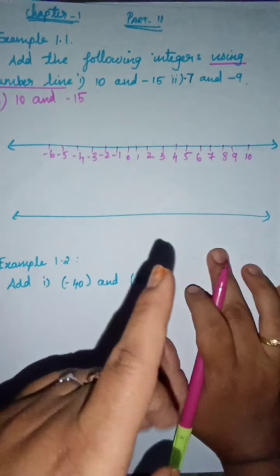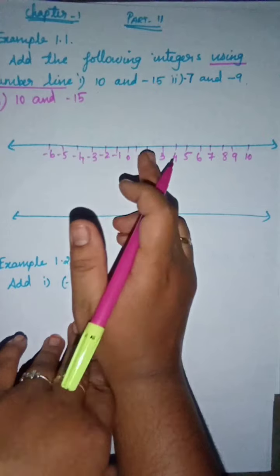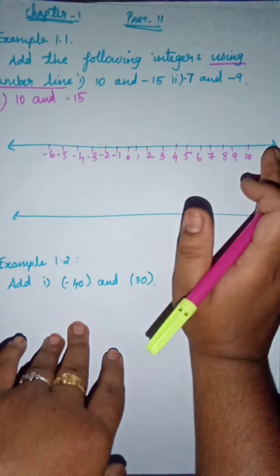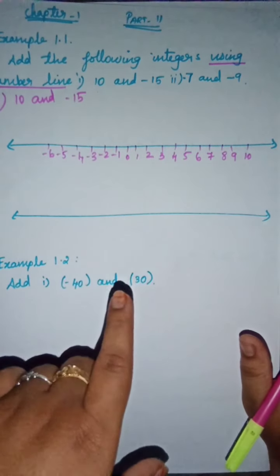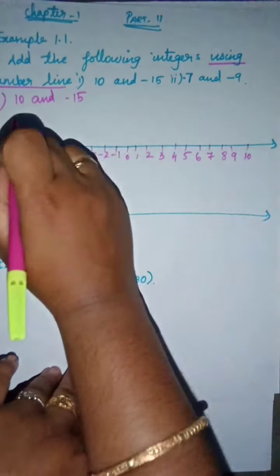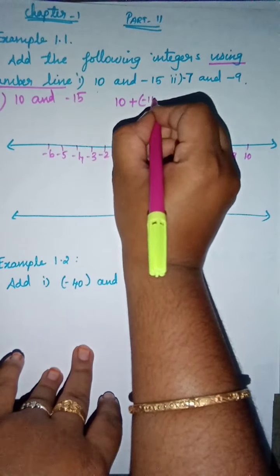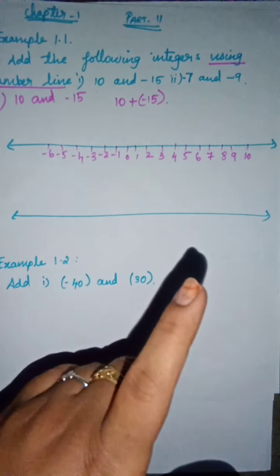Okay, I already told you this side 0 is a center point, and the right side of zero should be positive numbers, and the left side of 0 should be negative numbers. So now we have to write this in normal form, that is 10 plus minus 15. Yes, so they have given it as simply 10.